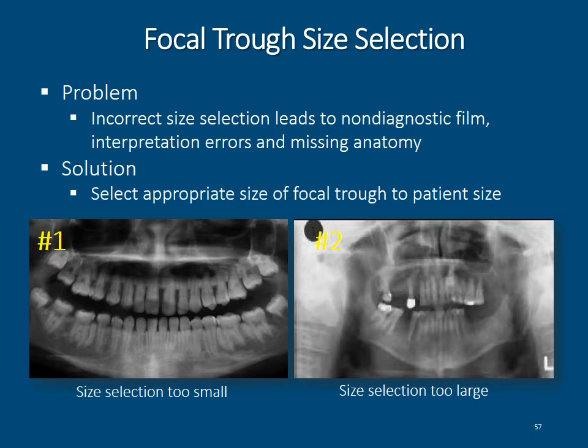So be very careful in choosing the appropriate size selection, because if it is too small, you will only have the teeth appearing and no anatomy. If the size selection is too large, the image mouth will appear very small, with a lot of head and neck and cervical spine appearing in the image.